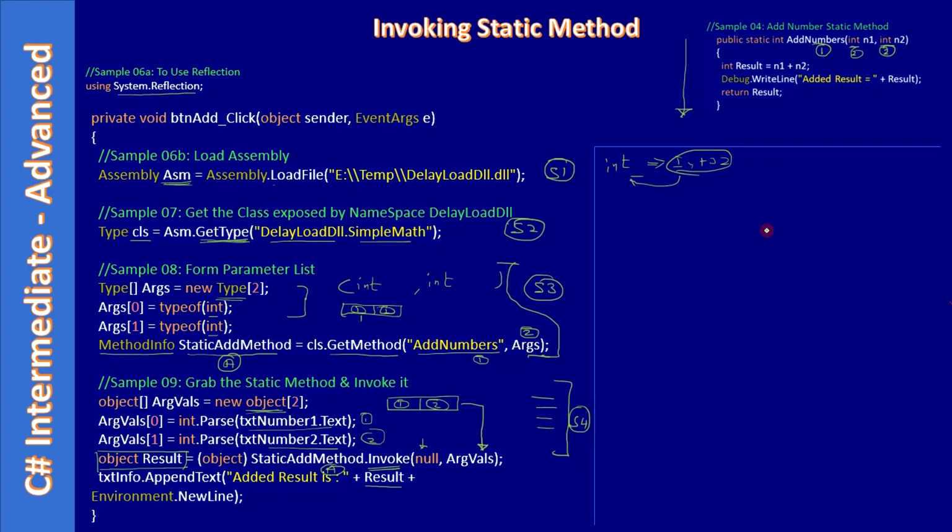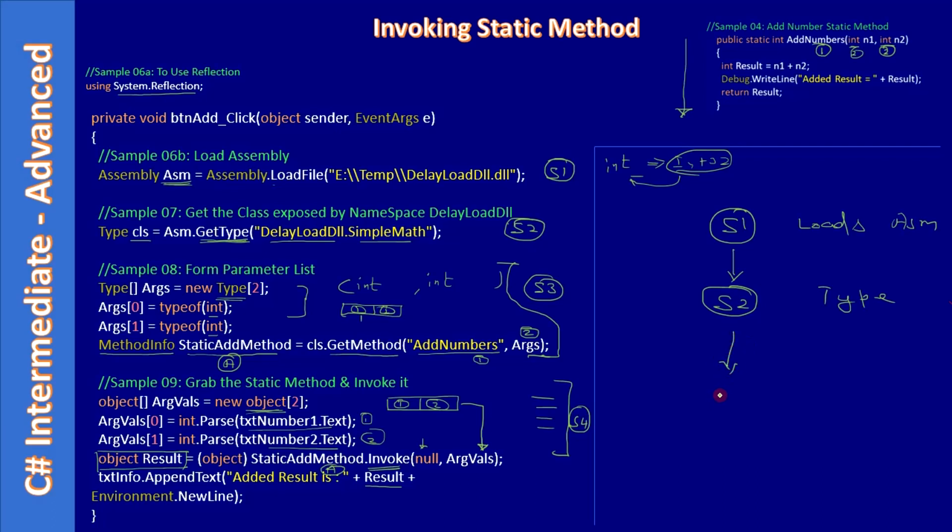That's all we need. S1 loads the assembly. A system may have multiple assemblies, and you can load any assembly, whether it is a DLL or exe. Once sequence 1 is completed, you can go for sequence 2. In sequence 2, you will be picking the type, so whatever class you want, you can retrieve.